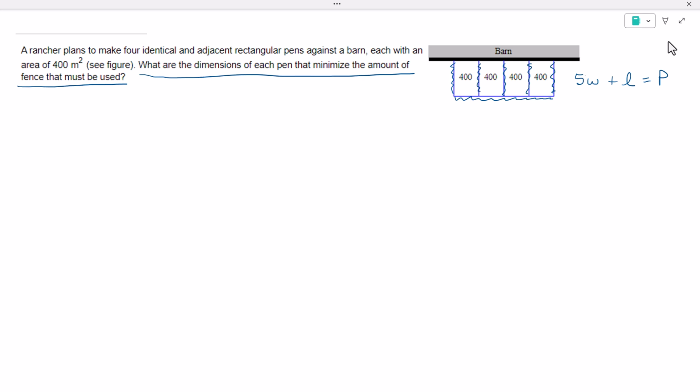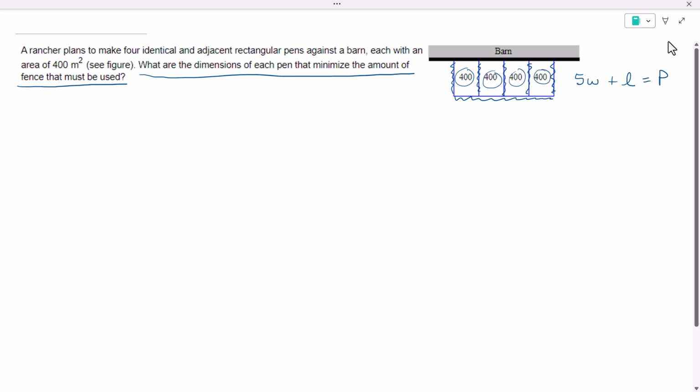In other words, we're going to be taking the derivative of this function, but we really need to make sure that we have it all in one independent variable. So let's see, what else do we know? We know each of these is 400 square meters.